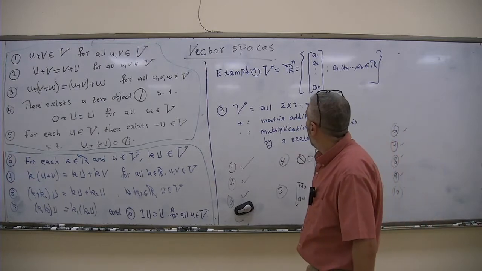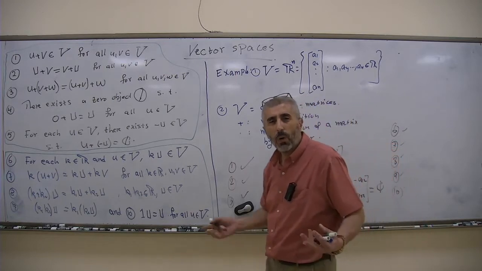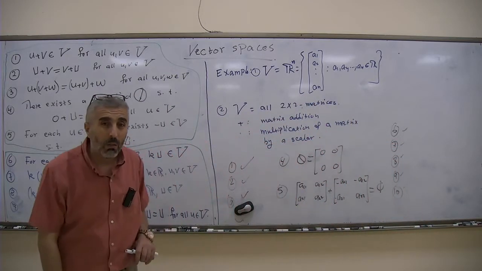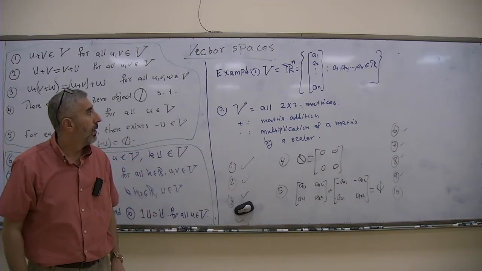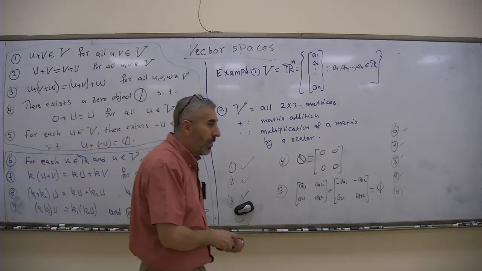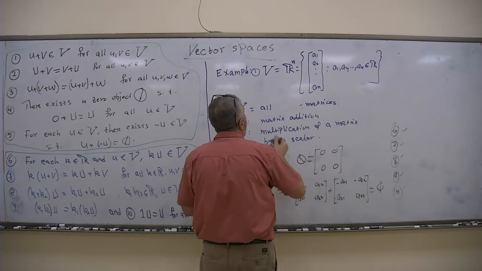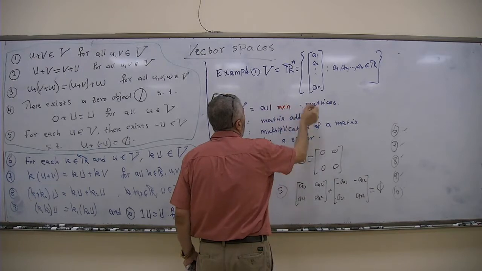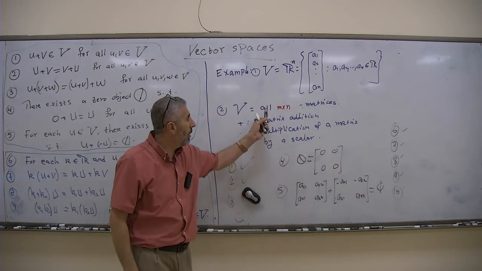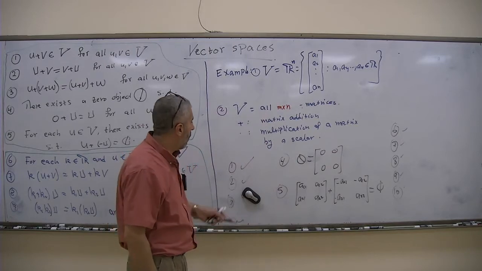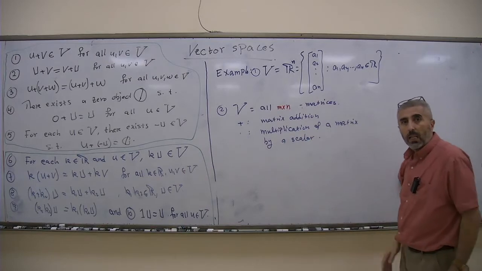All right. What if I change this into 3 by 3 matrices, or 4 by 4 matrices, or m by n matrices? So here, if I go back and change this and make it all m by n matrices, with the same addition of matrices and multiplication of a matrix by a scalar, are we going to get anything different here? Everything stays the same.